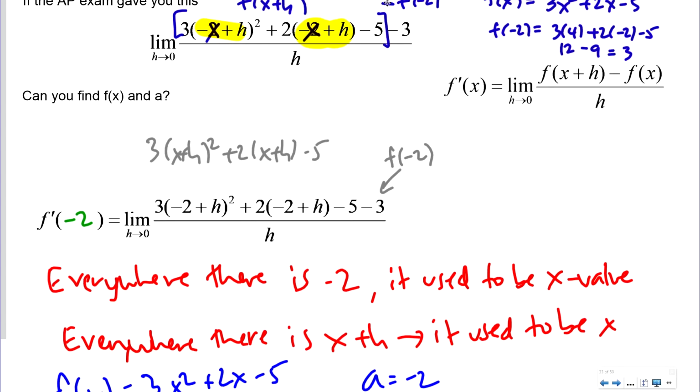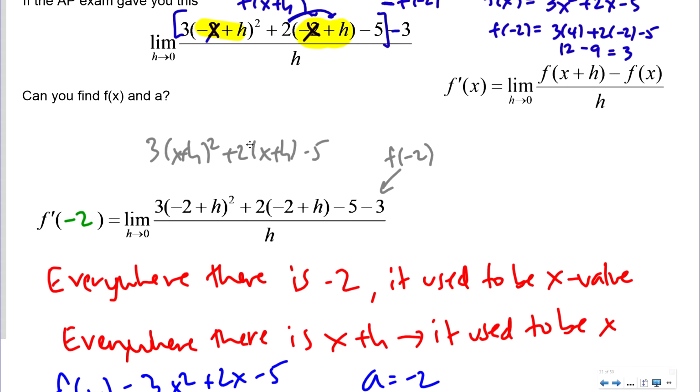This minus sign is just part of this formula, right? So if we know that f of x is equal to 3x squared plus 2x minus 5, then we could multiply out and simplify. We could distribute, go crazy, take the whole paper.